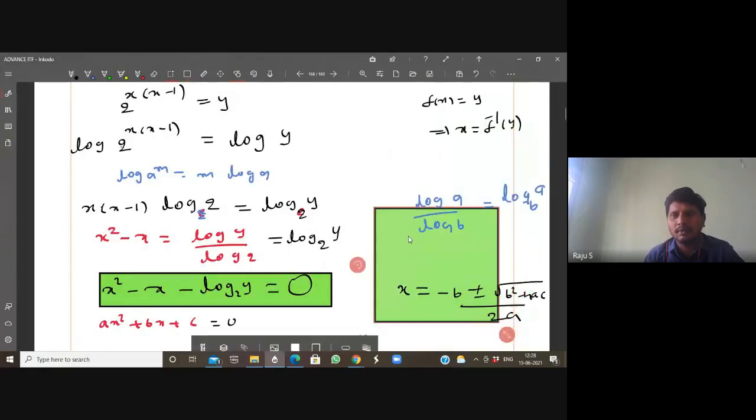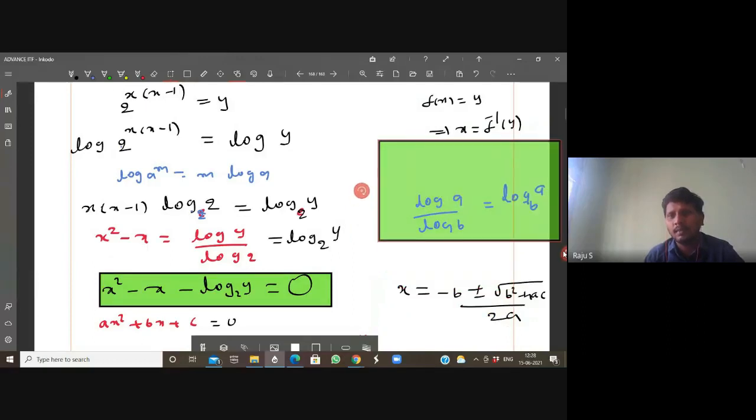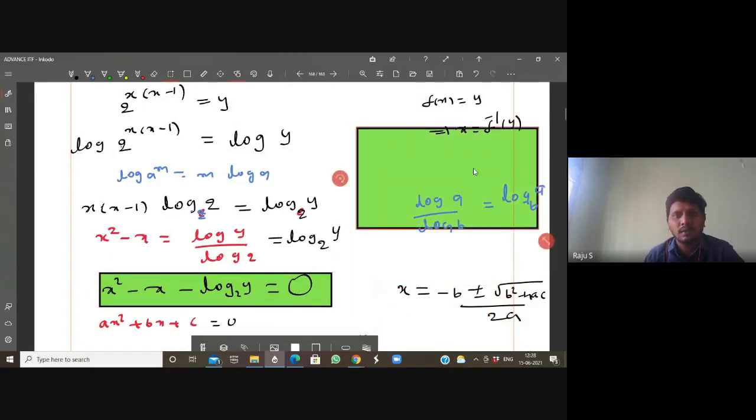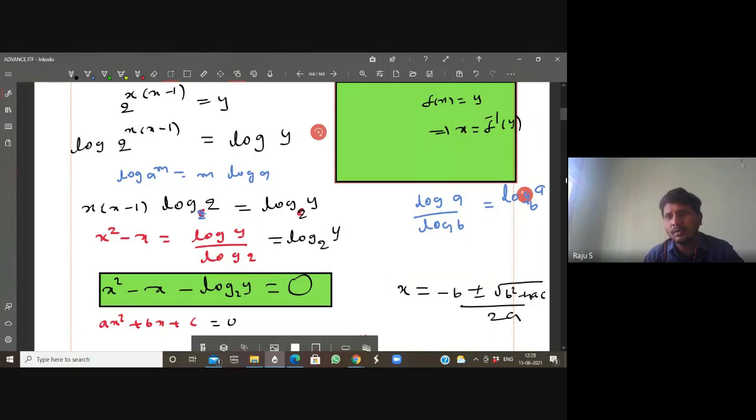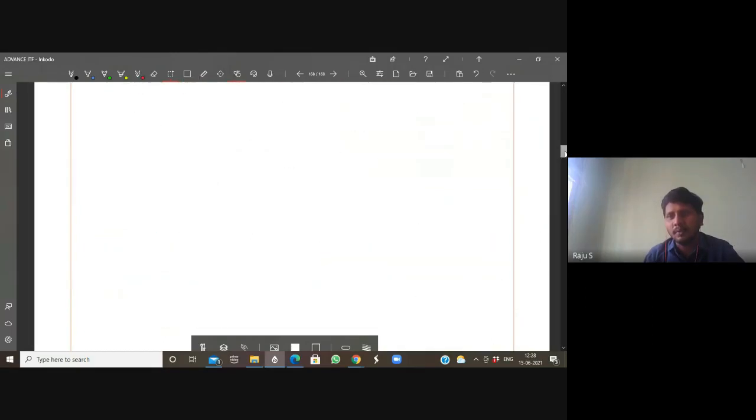Like that you have to remember. That is one of the properties.